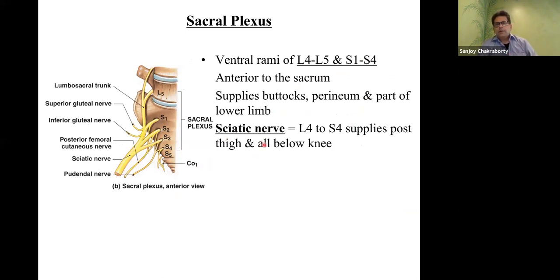That's all the pain-related thing in your lower limb, the sciatic nerve. So you are supposed to know 4 plexuses: cervical, brachial, lumbar and sacral, and what nerves make them, and the 3 important nerves I mentioned: phrenic, femoral, and sciatic. Those are the 3 you should know about these plexuses.